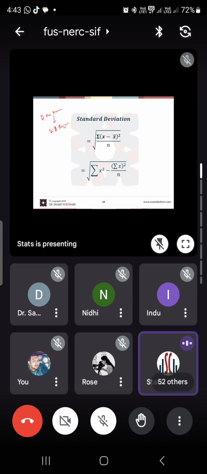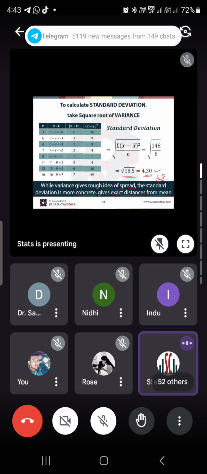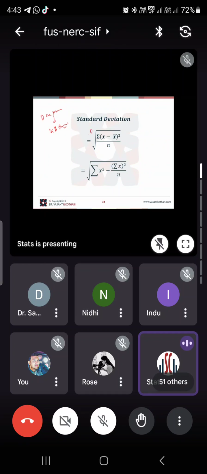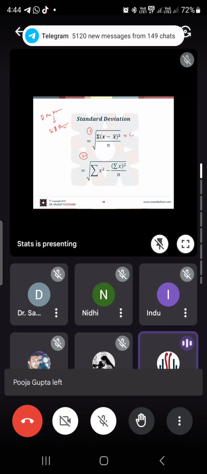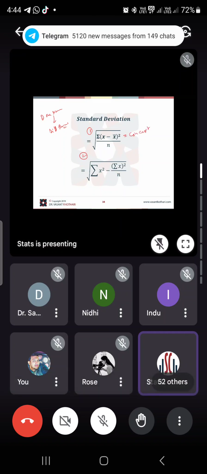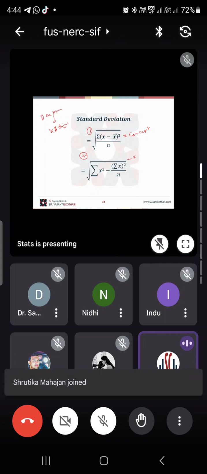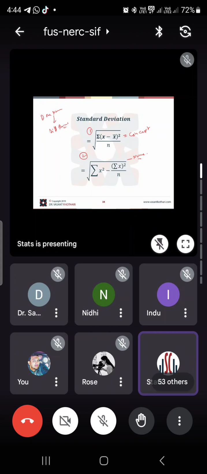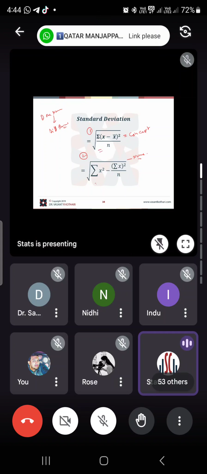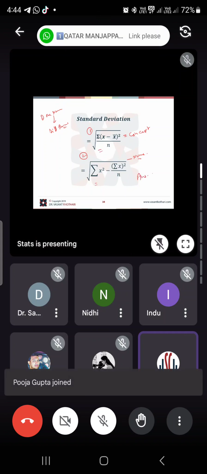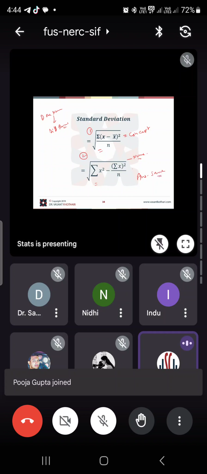For standard deviation, what we saw just now is formula number 1, and this is formula number 2. I use this formula to explain the concept, and I prefer this formula for numericals. No matter which formula you are using, your answer will be the same.